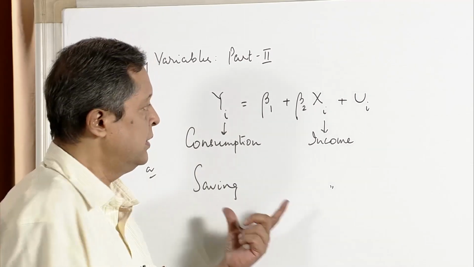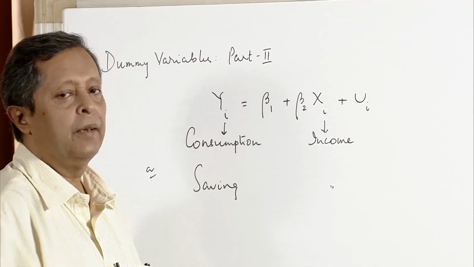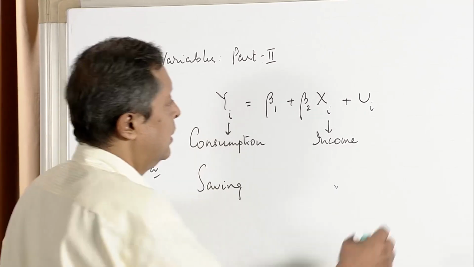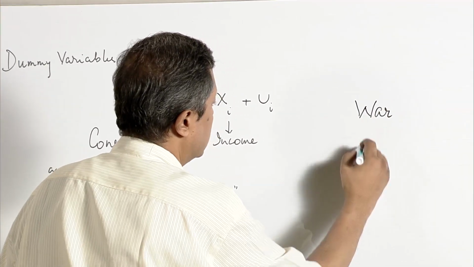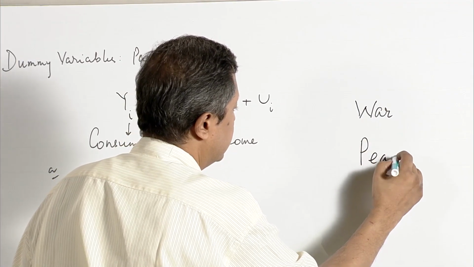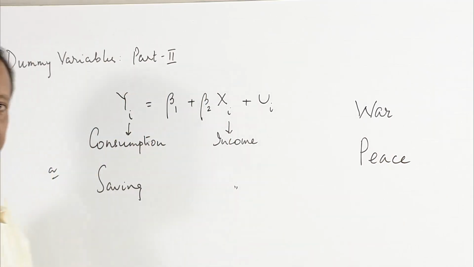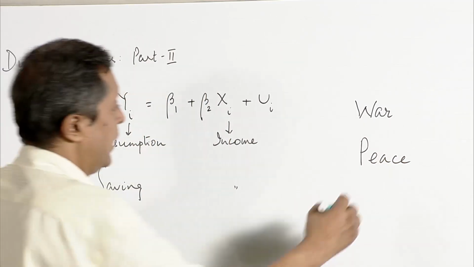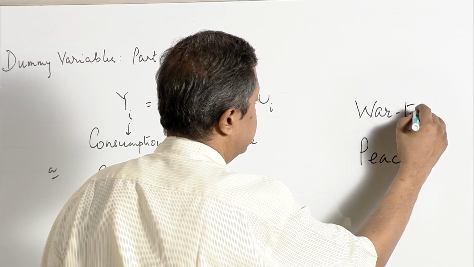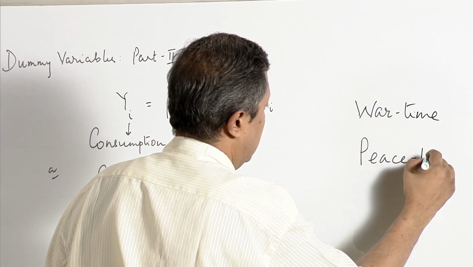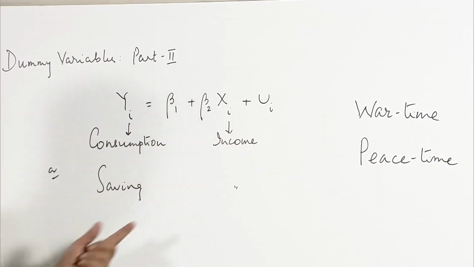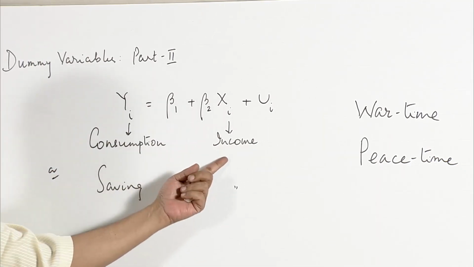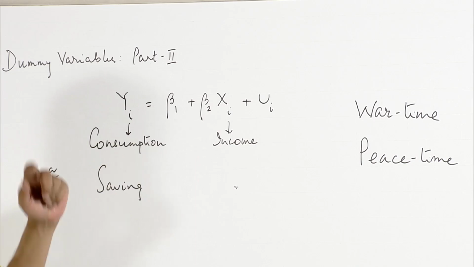Now, this relation may be affected by war. So, there are two possibilities, one is peacetime, the second is wartime. Accordingly, the relationship between income and saving or between consumption and income might get affected.